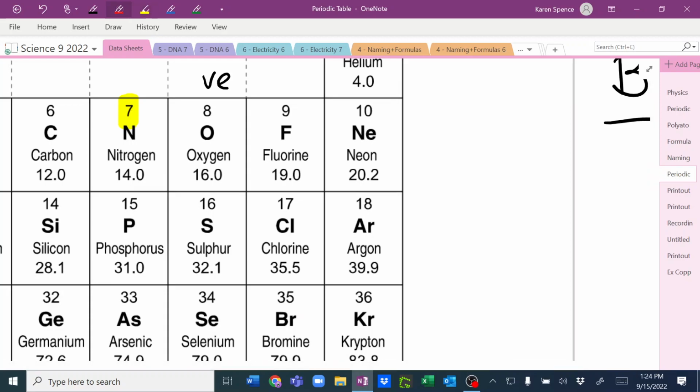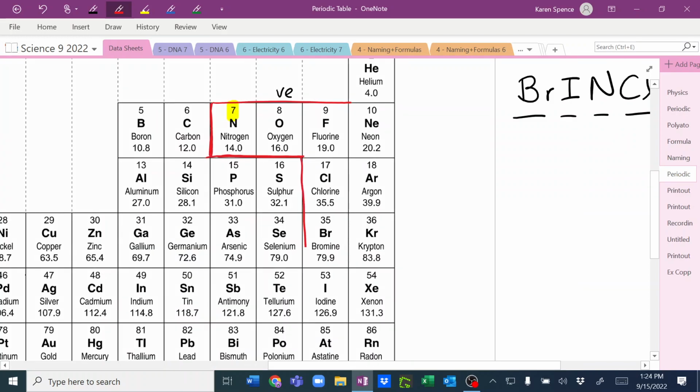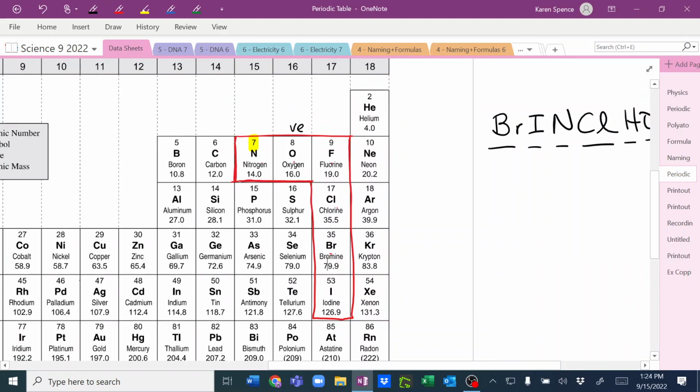And if you start on element number 7 and you draw the number 7, but then you go, hang on, that's only 1, 2, 3, 4, 5, 6. So that's our hockey stick.